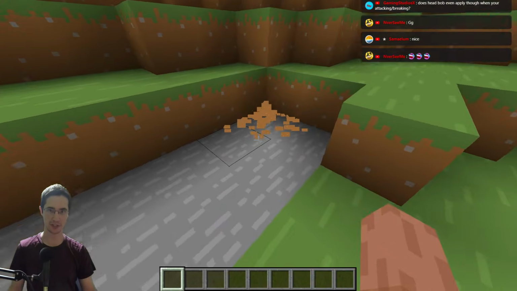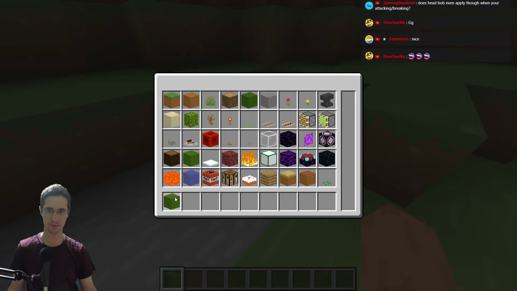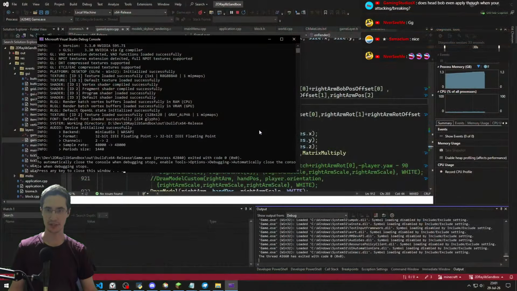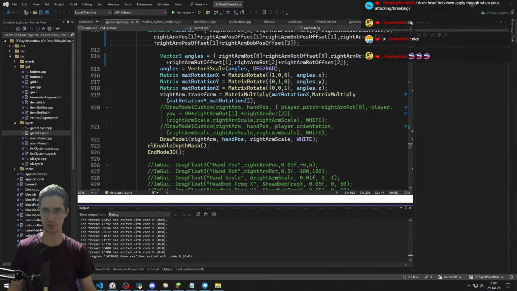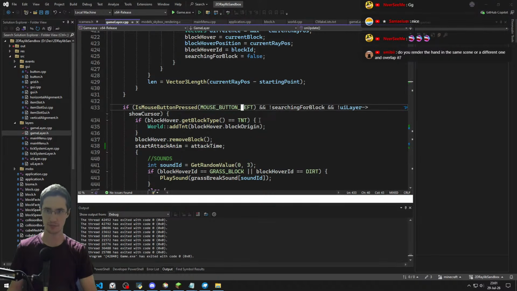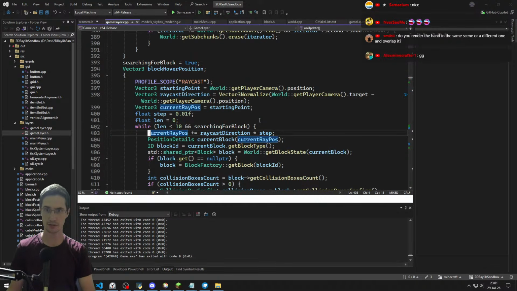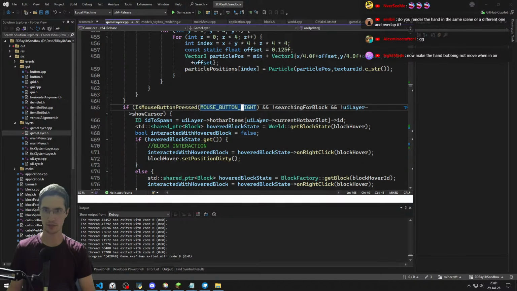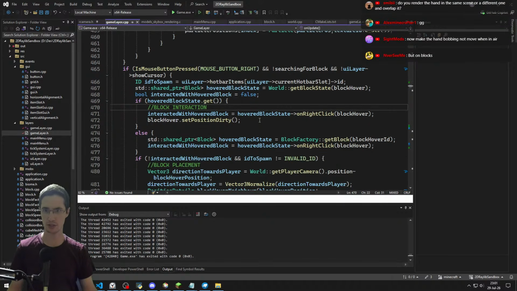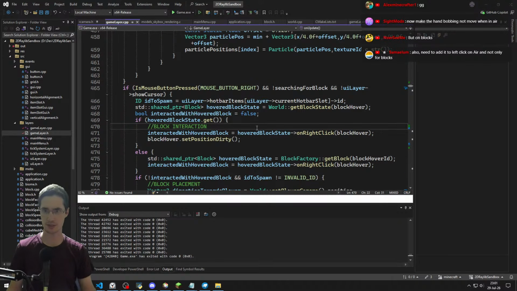And we can do it for the right click as well. Let's do it for the right click as well. The same thing, same logic. Left, here, start attack animation. This should be for the right. Right mouse button, this is block interaction. It's with both cases actually.